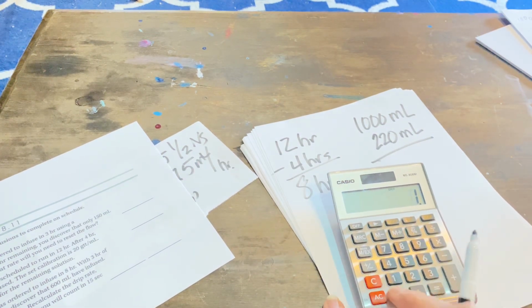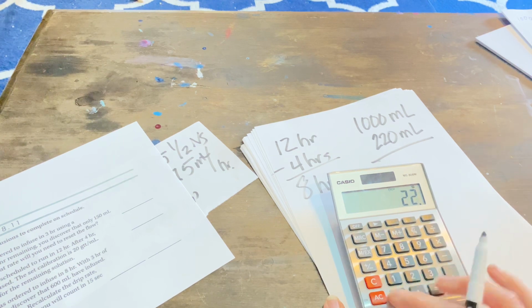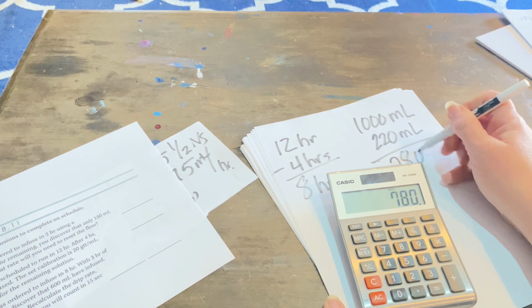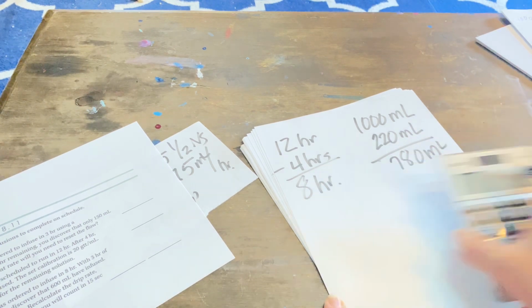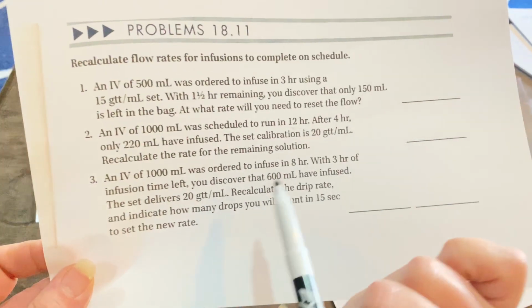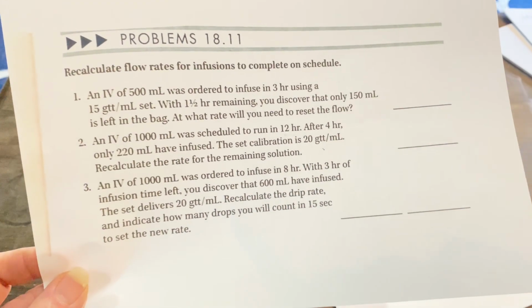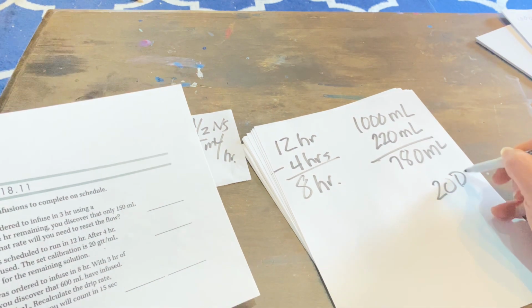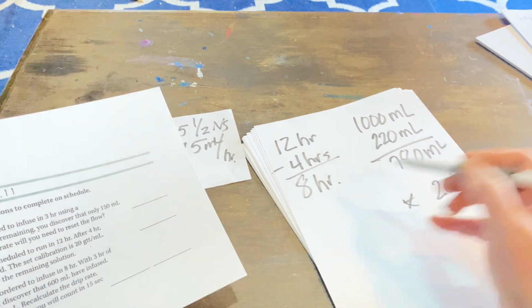And we're going to do 1,000 minus 220. So we got 780 milliliters to infuse in 8 hours using a 20 drop factor. So let's set this up.